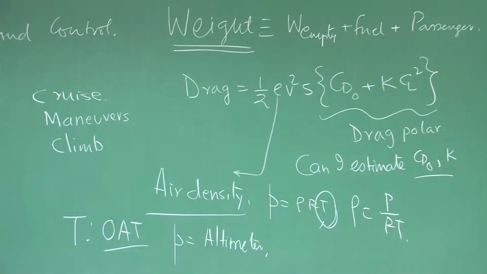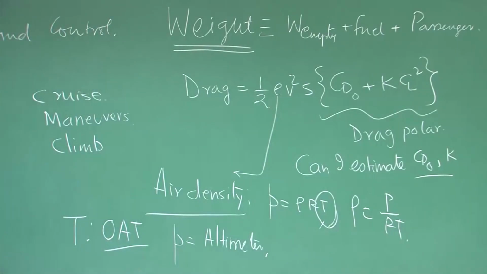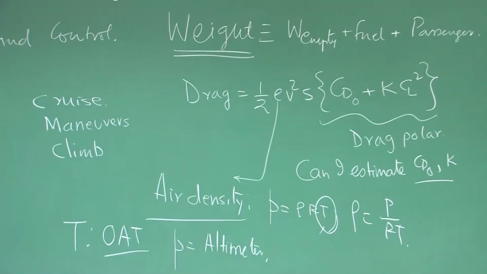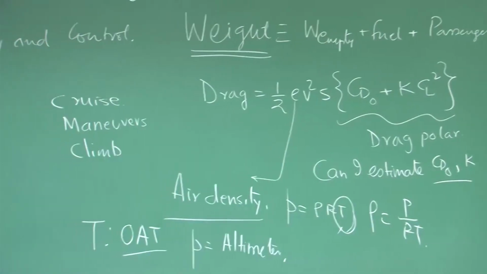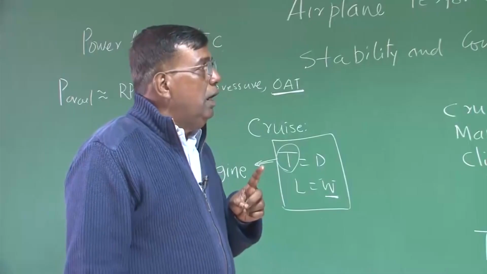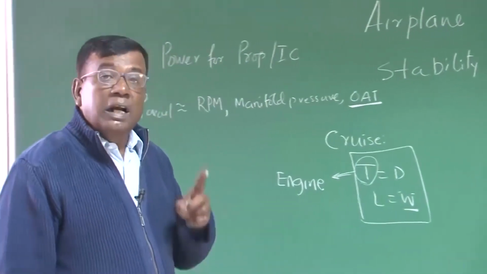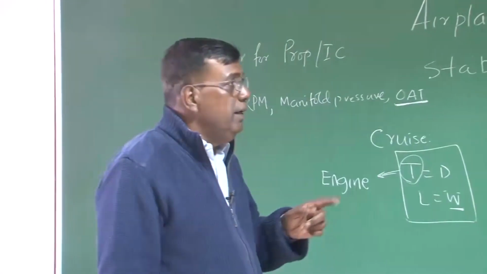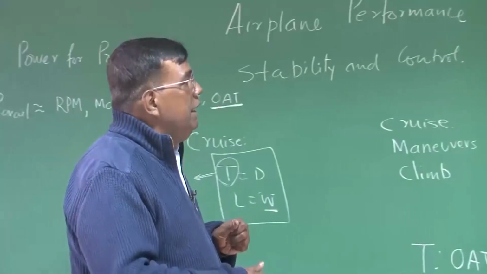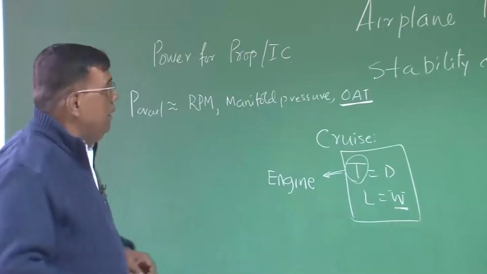So in a nutshell, before we do the analysis or discuss the procedure, we know very well that I need to know how to measure the weight of the airplane. I need to know how to measure outside air temperature, speed, and altitude, so that I can find out the drag polar. Okay. With this understanding, let us first understand how to measure the weight of an airplane.